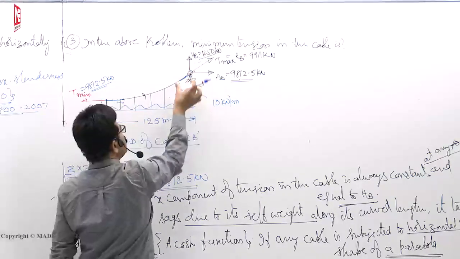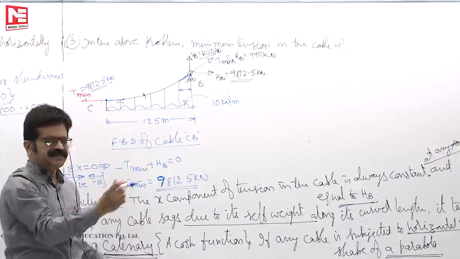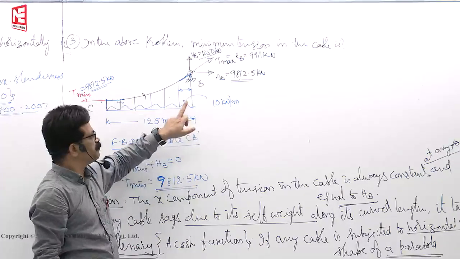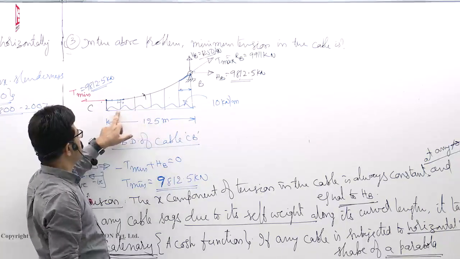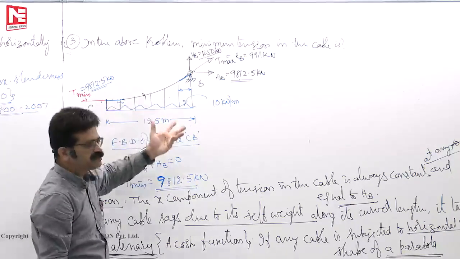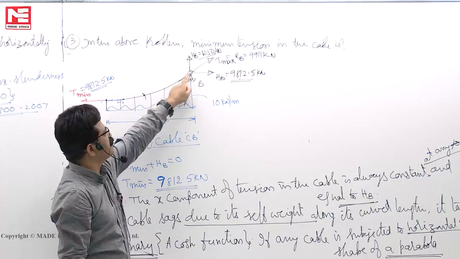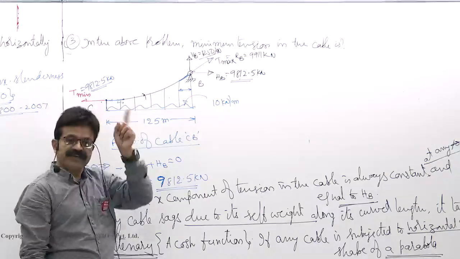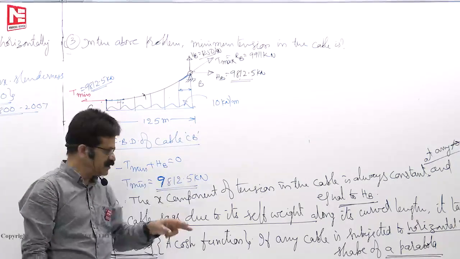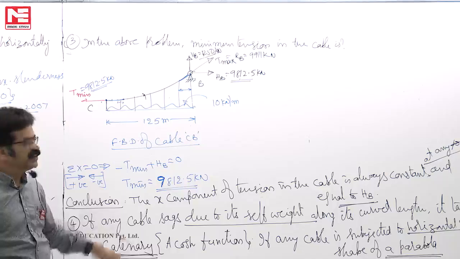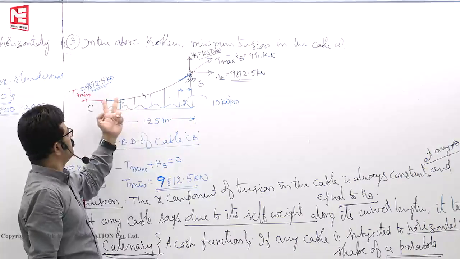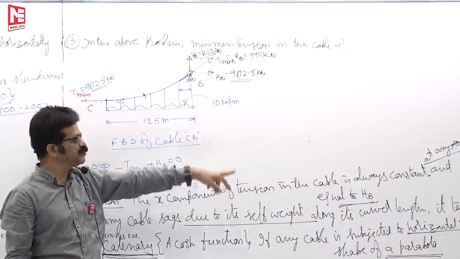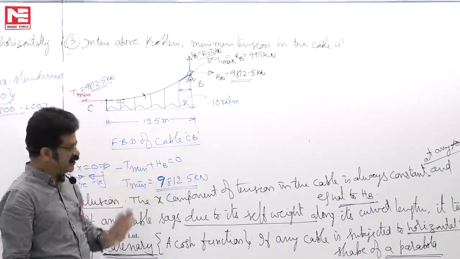The difference between maximum and minimum is very small, so you approximate. But if you take the small difference into consideration, it takes the shape of a catenary. If you forget about that difference and take the self weight as horizontal UDL, then it takes the shape of a parabola.